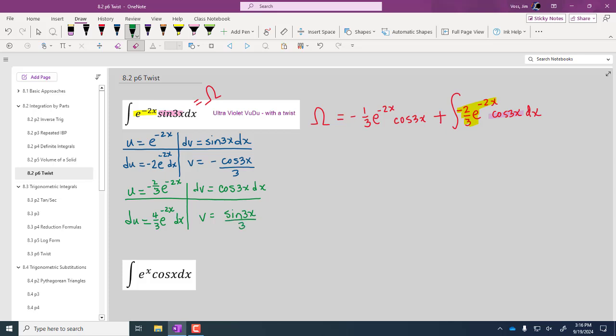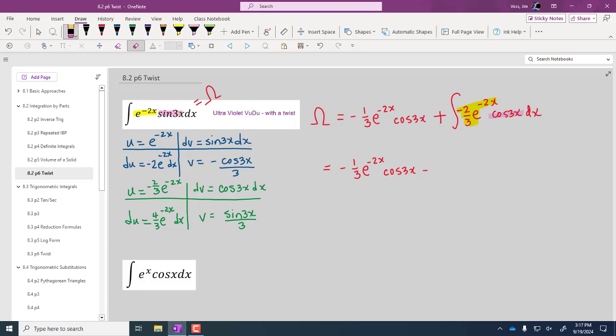So we get that. So here's where we're at then. So we have that stuff out in front. So that's all going to stay right there. And now we're going to do our ultraviolet voodoo again. And when we do it here, UV main diagonal. So that's, I'm seeing negative 4/3. No, that's not what I'm seeing.